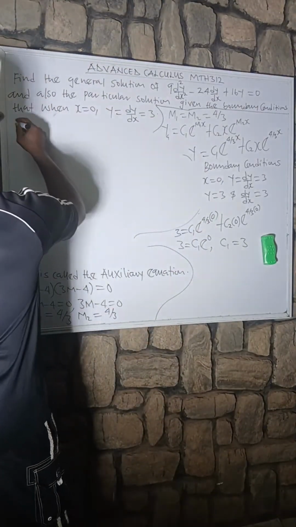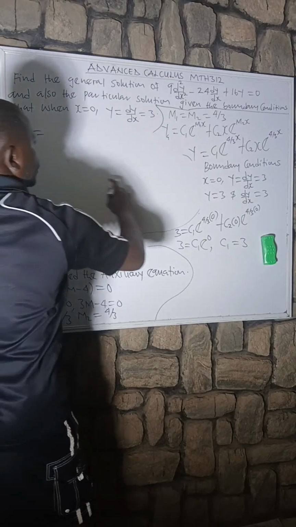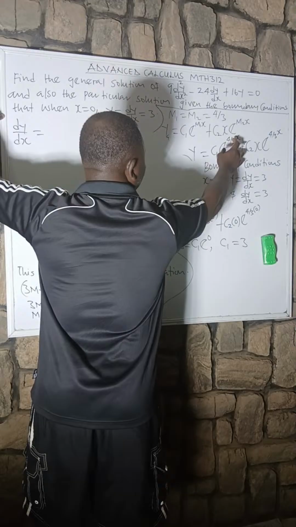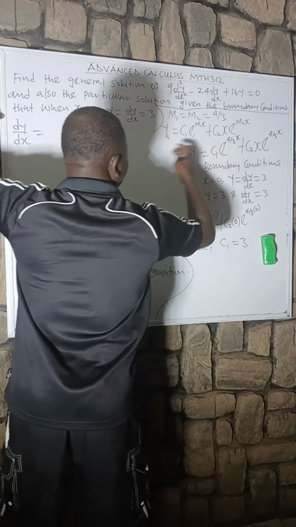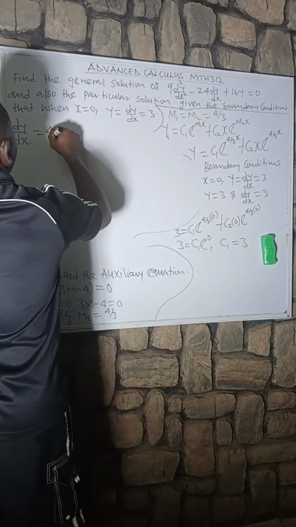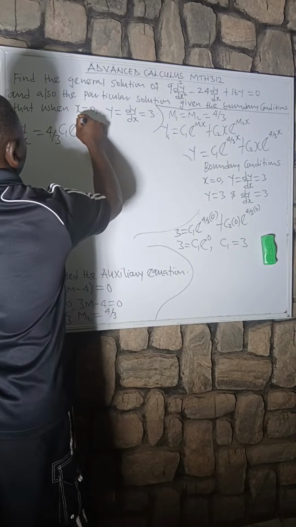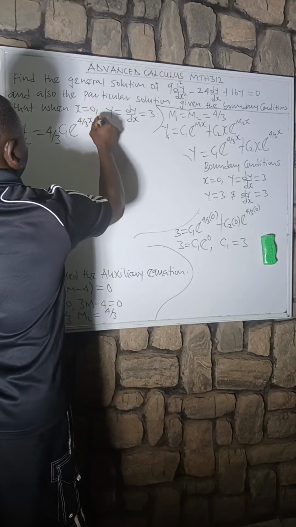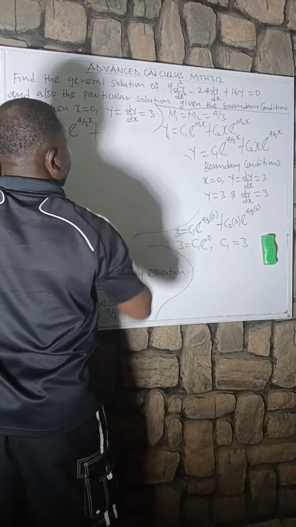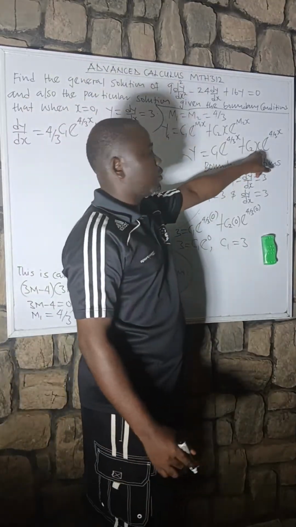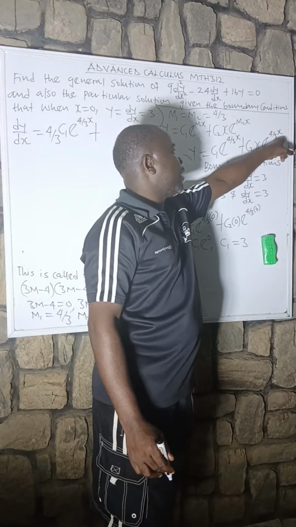Then we are going to have dy over dx equals, we differentiate this exponential 4 over 3x, we are going to have 4 over 3 C1 exponential 4 over 3x. Then here we have plus, here we have two functions, x and exponential 4 over 3x.